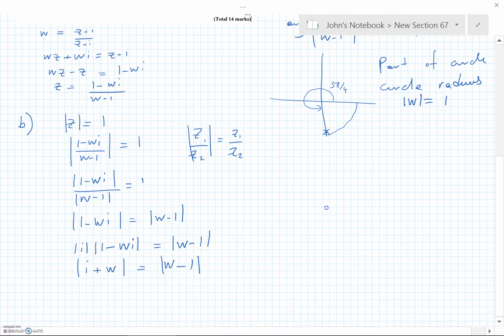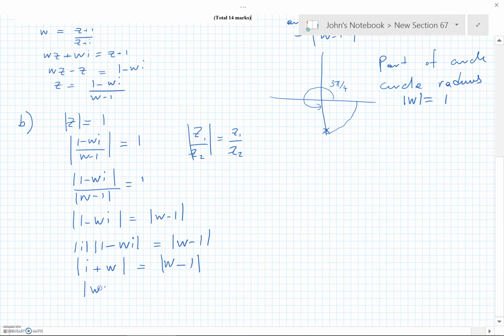We've actually got our line, because that is the perpendicular bisector of the points joining minus i and plus 1.